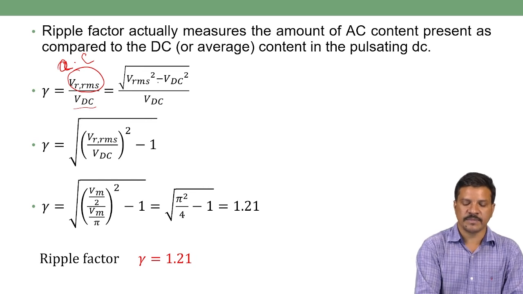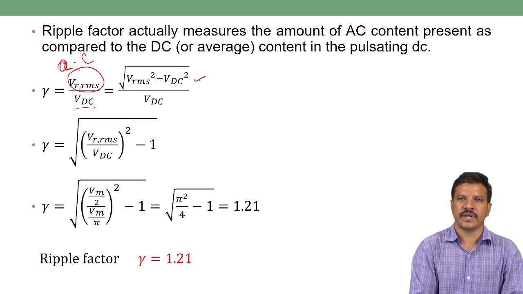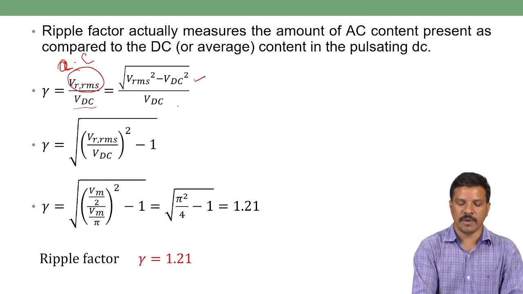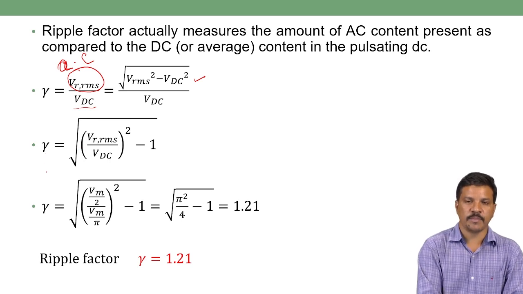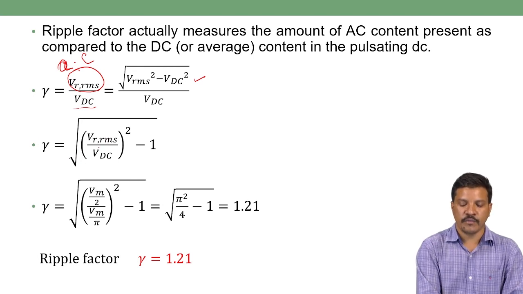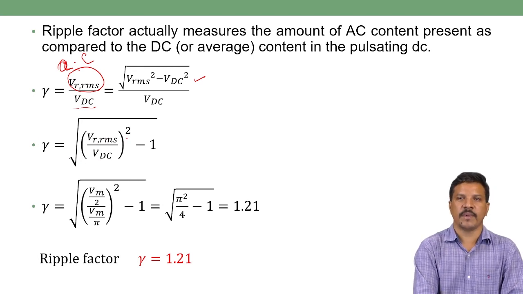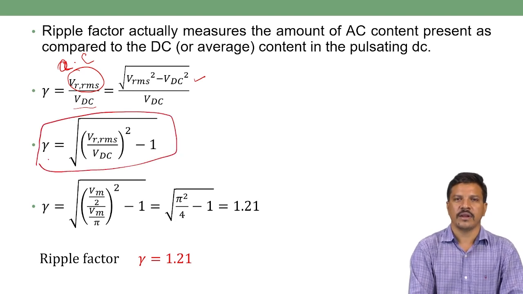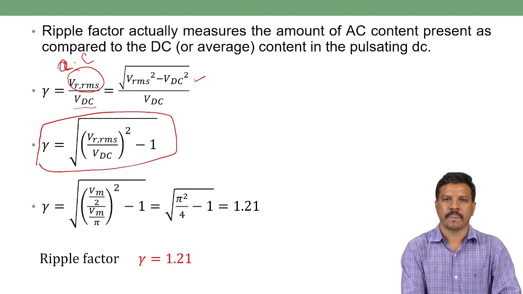And this Vr RMS is mathematically represented as square root of VRMS square minus VDC square, divided by VDC. Take this denominator term into the numerator term. So we achieve that this ripple factor gamma is equal to square root of (VRMS by VDC) whole square minus 1. This is the most important formula useful for problem solving.